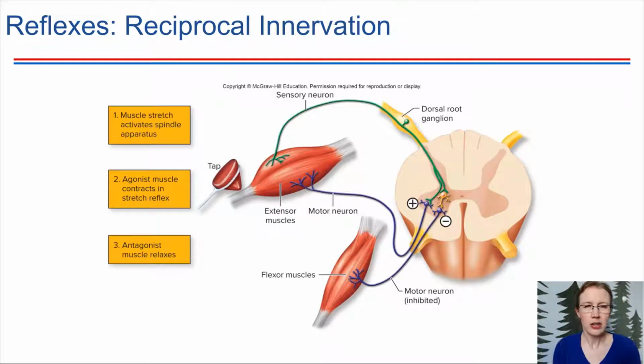So with regards to reflexes, let's just follow through what's happening here. If we activate a muscle stretch receptor, so activate a spindle apparatus, that will send a signal to the spinal cord. And what's going to happen, we've already seen this, the muscle will be activated to contract, to maintain posture or do whatever. But at the same time, the antagonistic muscle is going to be inhibited.